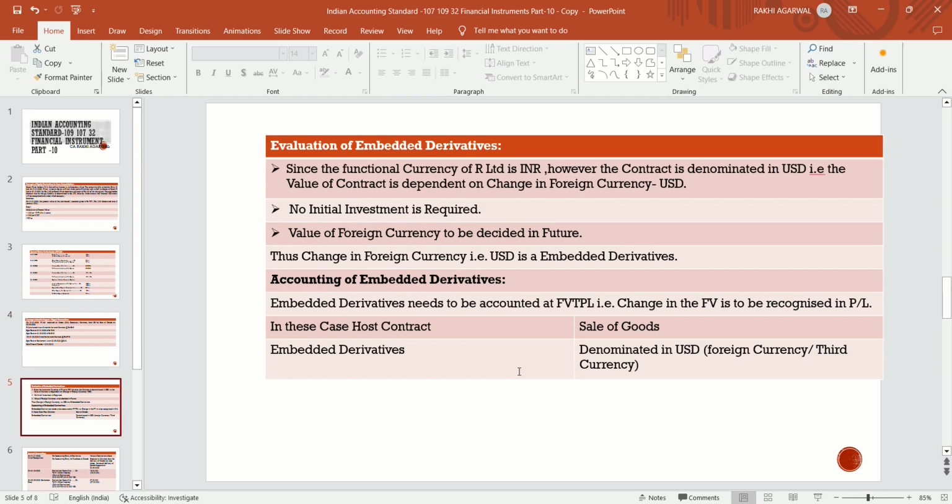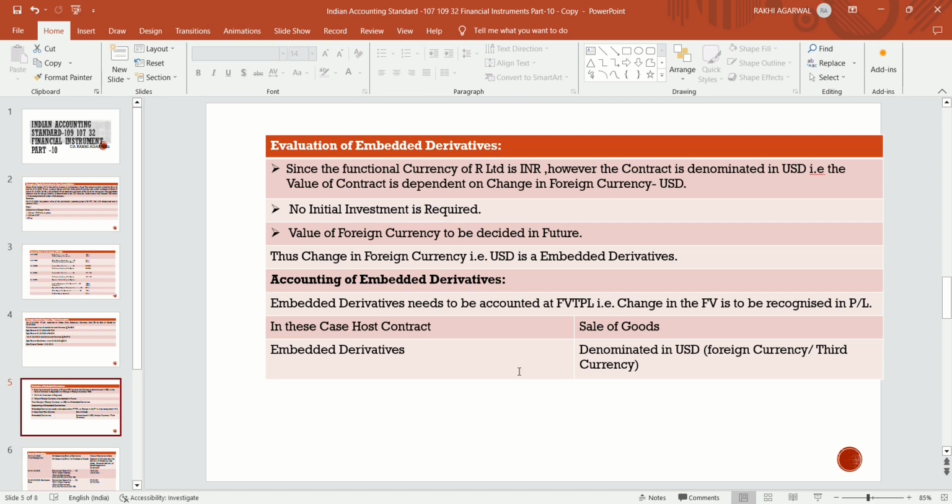Firstly, we will evaluate the embedded derivative, because in these transactions there is a host contract and there is a derivative contract. Two contracts are there. Since the functional currency of R Limited is INR, and the contract is denominated in USD, the value of the contract is dependent on the change in foreign currency.